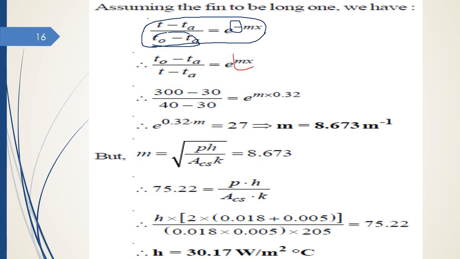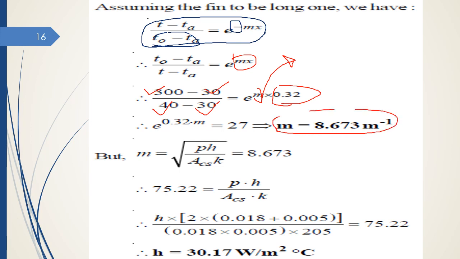So this is positive now. So this is 300 base temperature, surrounding is 30, we want to maintain 40, surrounding is 30, X value is 0.32, and m is what? What is the value of m? That is the fin constant.